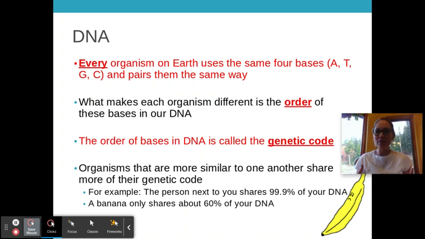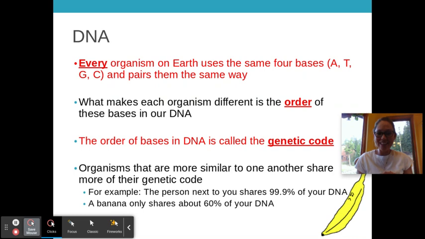And it's the order of those bases that we refer to as the genetic code. So organisms that are more similar to one another share more of their genetic code. For example, the person sitting next to you right now doing their work too shares 99.9% of the same DNA. It's that 0.1% difference that makes you unique.